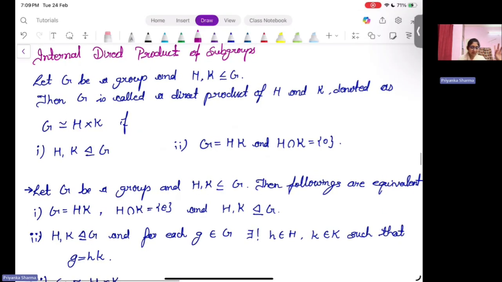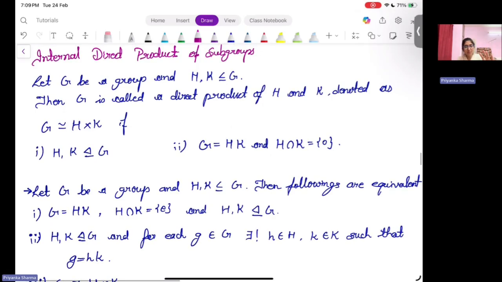Note that we have already discussed what the product of H and K is. HK is the product of two subgroups H and K. But if we say this is a direct product, then what is the additional property here?